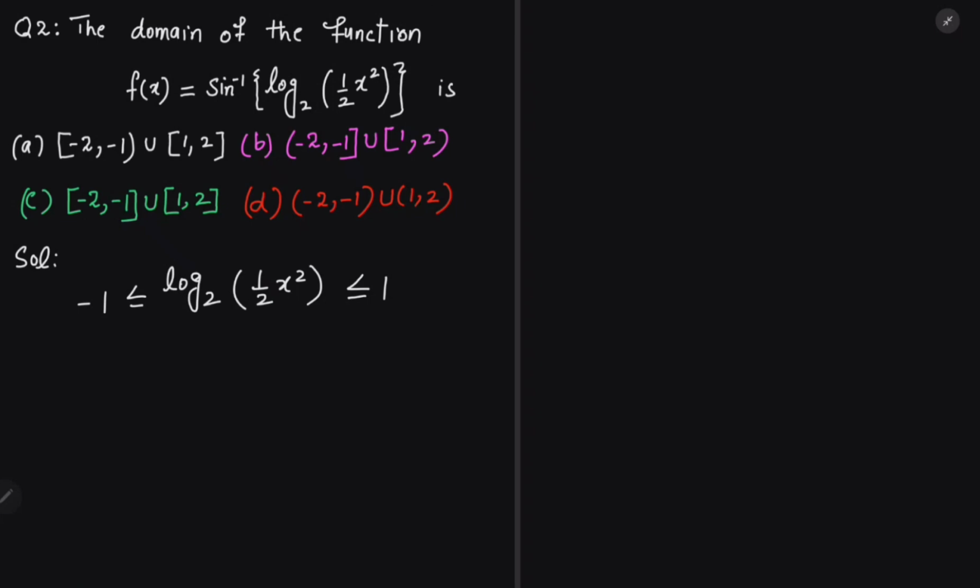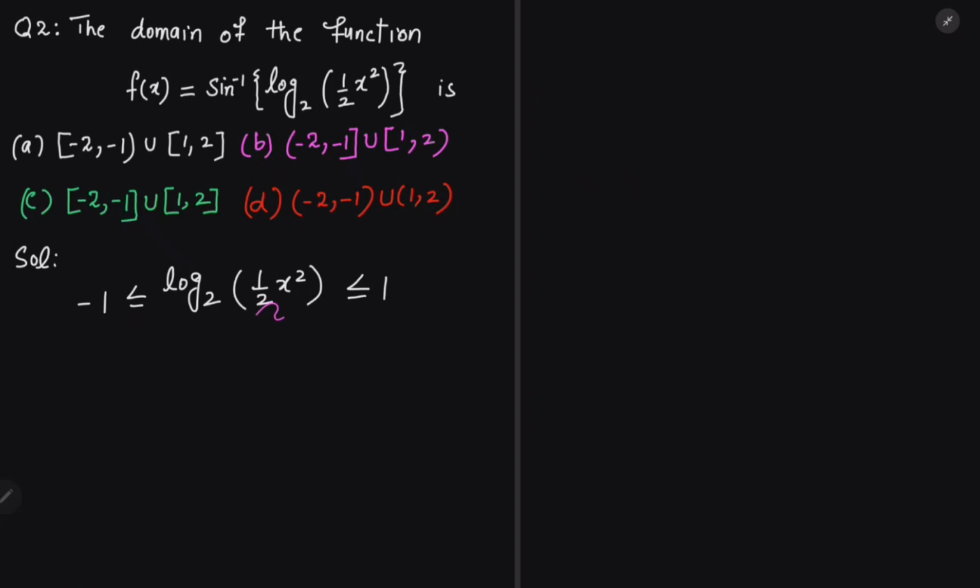Since this is a sine inverse function, and for sine inverse x, the domain is minus 1 to 1. So log base 2 of half x square should be between minus 1 and 1.